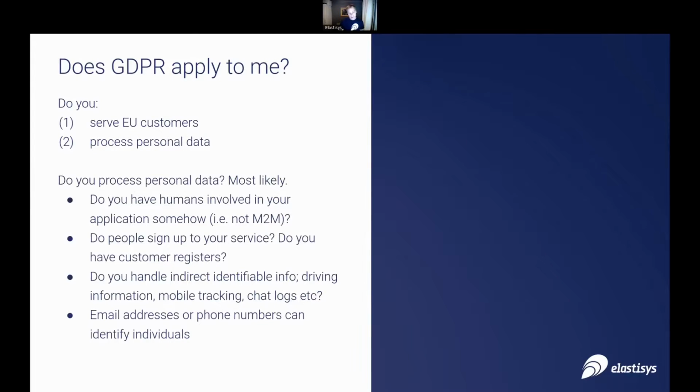And a lot of stuff like email addresses, for example. If you store a single email address and that email address has the format of robert.winter@elastisys.com, that is also personally identifiable information because that can be used to identify me. So it's a pretty broad scope.